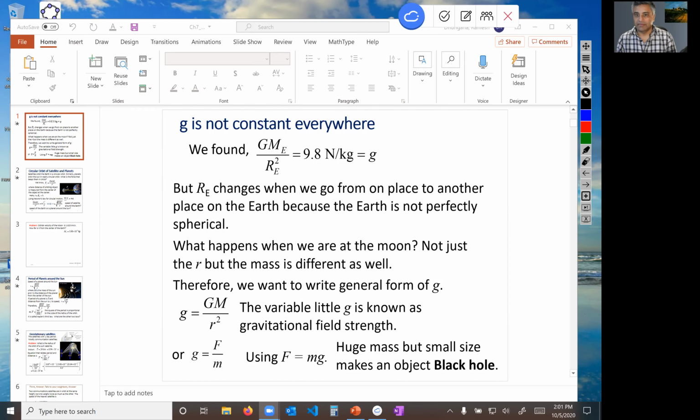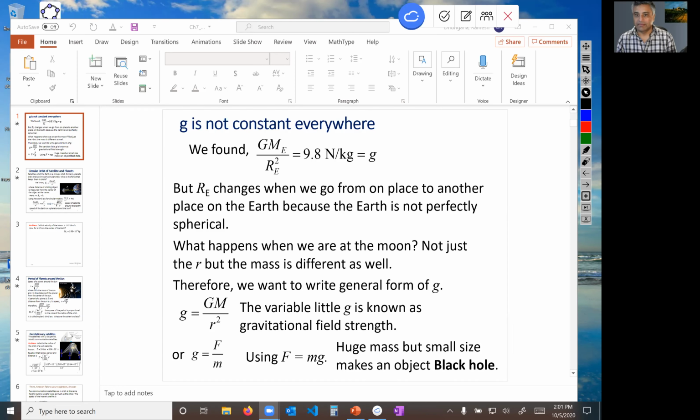And for that, we need to come back and look at this equation here. So this is the equation for g. It applies no matter where you are, okay? This g is a special case when you are near the surface of the earth, where M is the mass of the earth and R is the radius of the earth. But this formula is general, no matter where you are, whether you are on the earth or on the moon or on any other planet, including Pandora, okay?